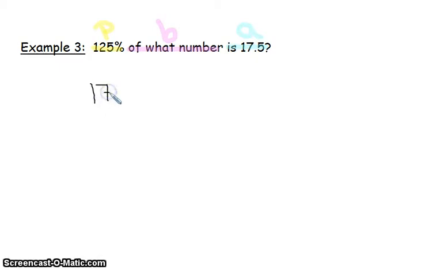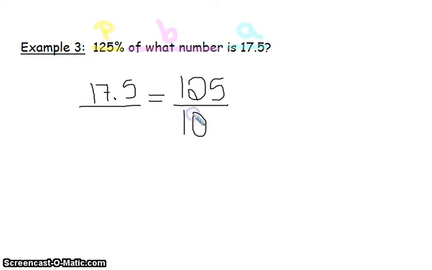17.5 is the is part of our proportion, and we know the percent is 125. So we'll go ahead and fill that in, and that's over 100. So the one piece of information I don't know is the base amount, or the B, of what number.